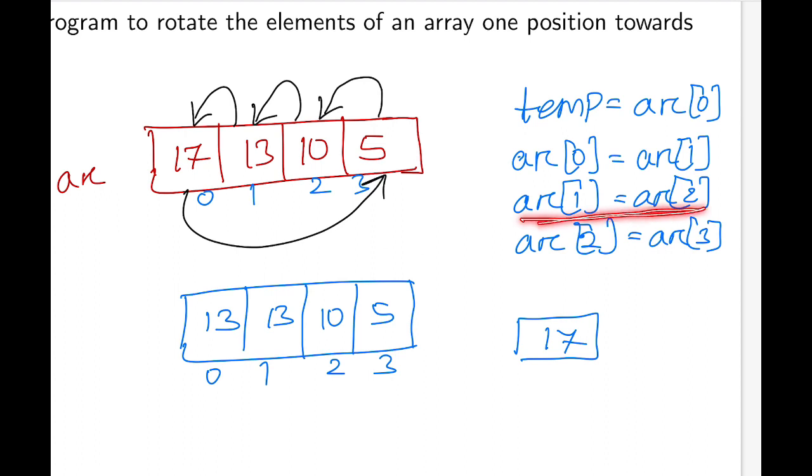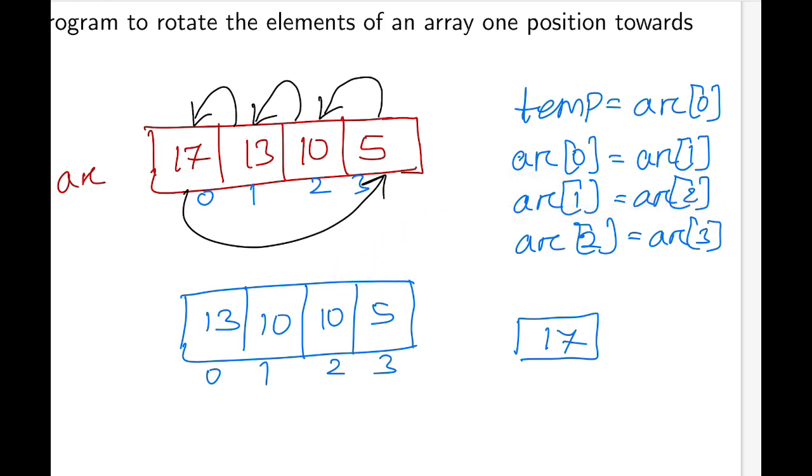Now move to this statement, ar[1] equal to ar[2]. That means the value of ar[2] is coming to ar[1]. That means 10 is coming to here. So after executing this statement, the value of 10 becomes here, and the array looks like this.